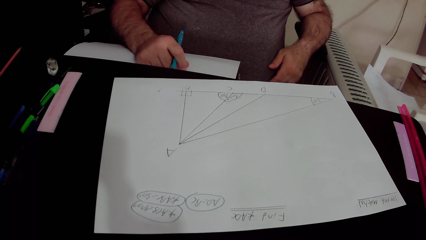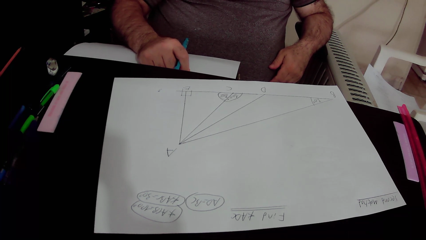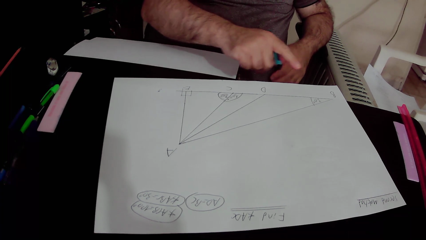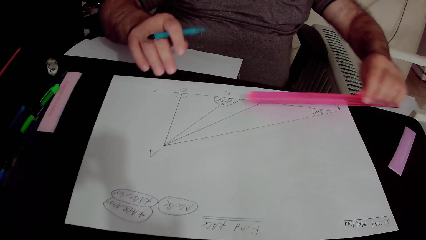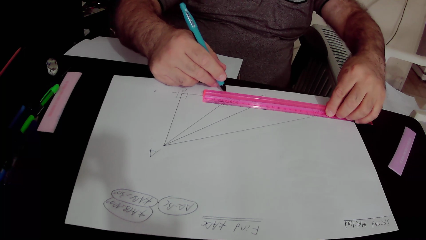And we will define BC as A. BC equals A units in its length.